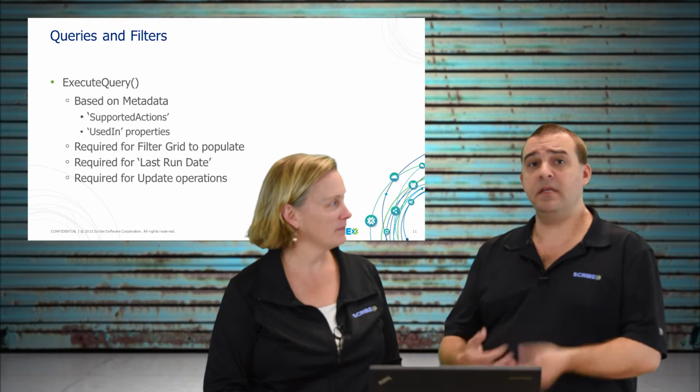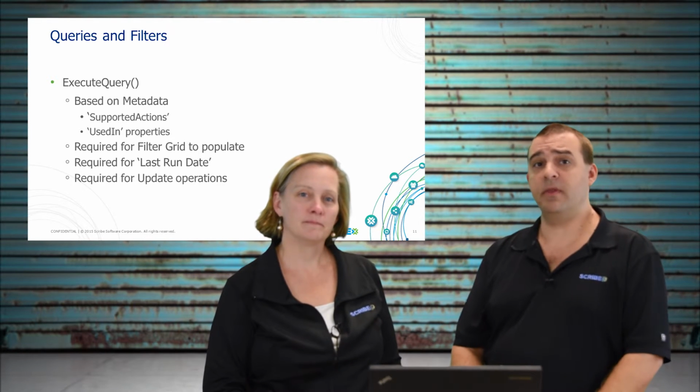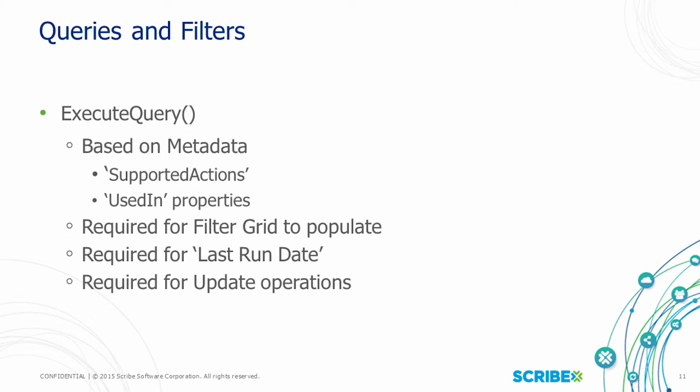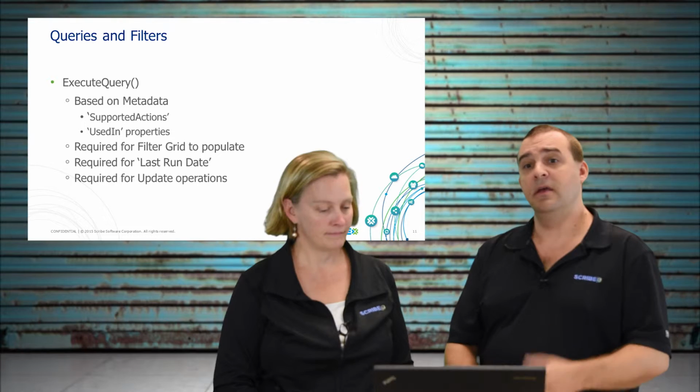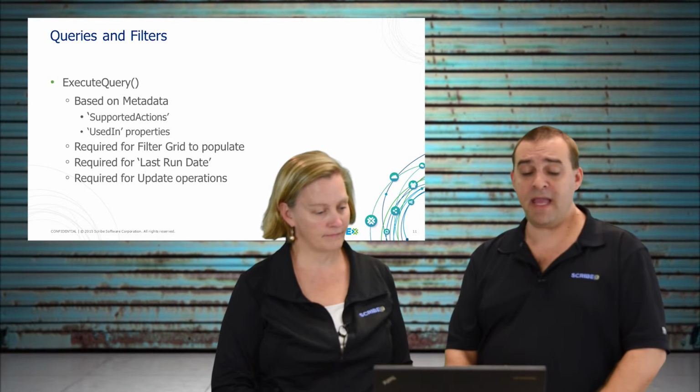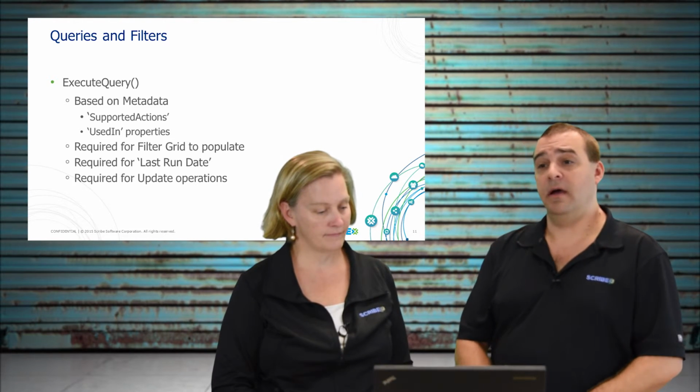They just simply need to answer these simple questions from the Scribe Online agent, and the agent will build that query for you and send it to the execute query function of your connector. The execute query function is, like I've just been saying, based on the metadata and the supported action and the properties that you've already defined in your connector.